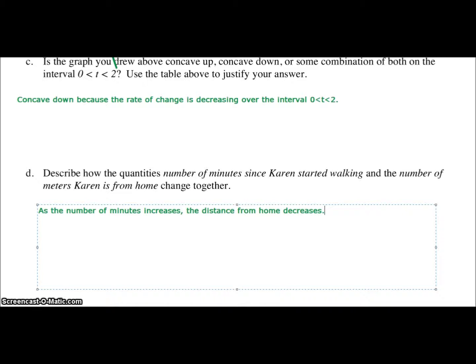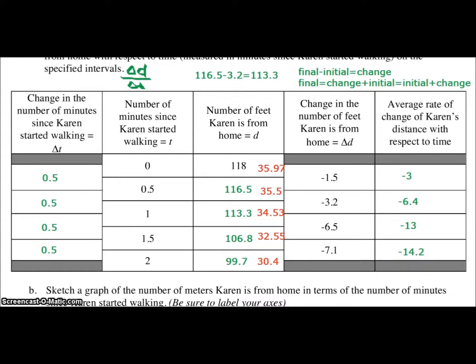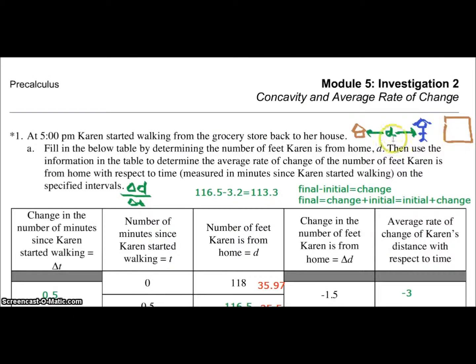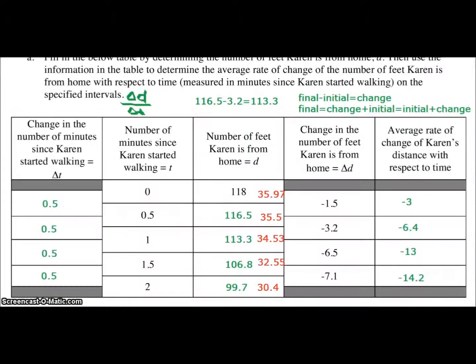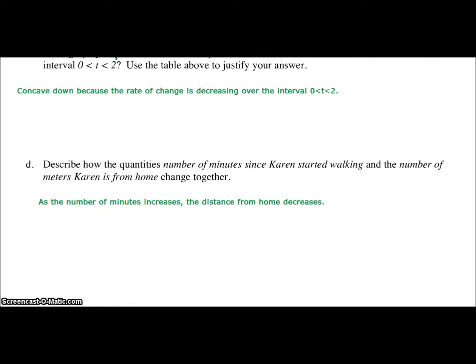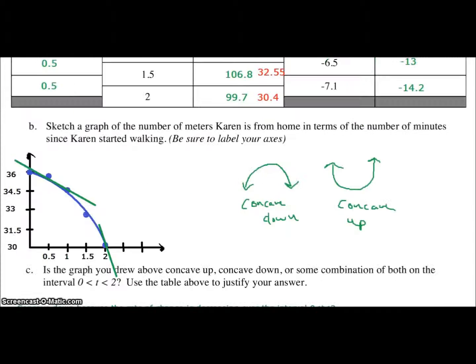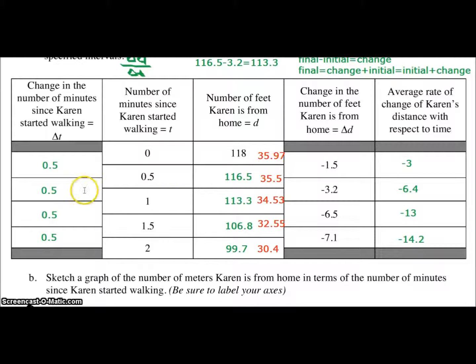We could look at that all sorts of different ways. We could look at the table: as the number of minutes increases here, the number of feet from home decreases. And we could think about it with our picture: the more she walks, the smaller that distance will be. You could also look at the changes for each 0.5 minute increase.